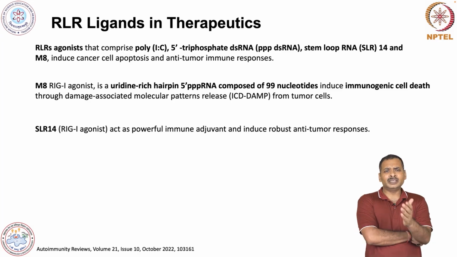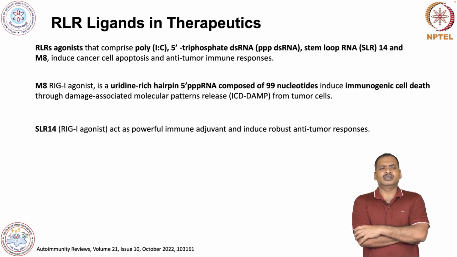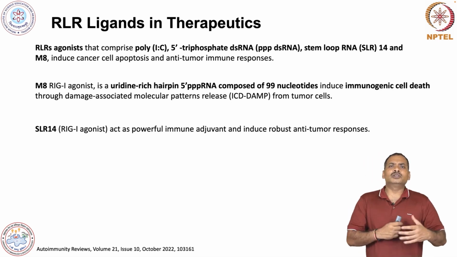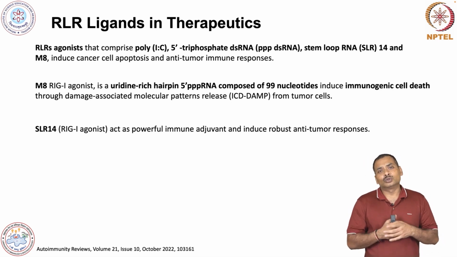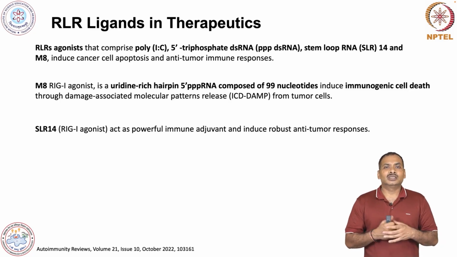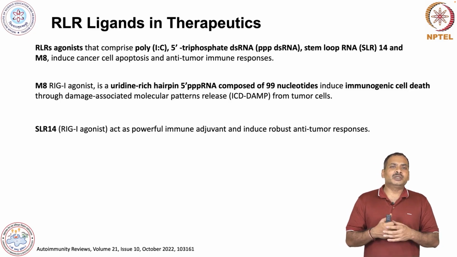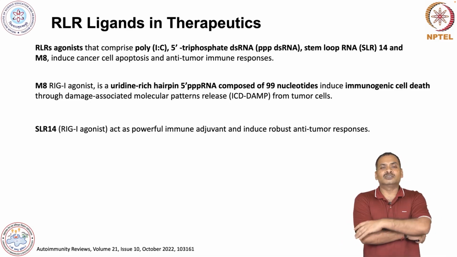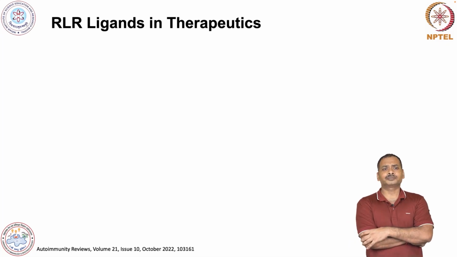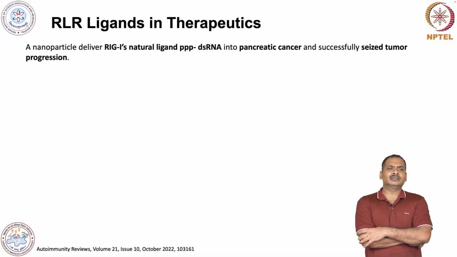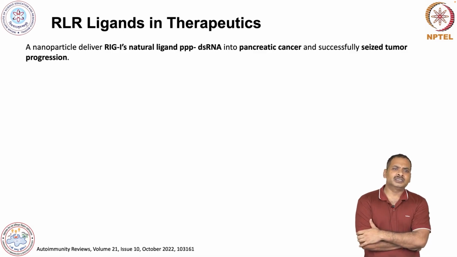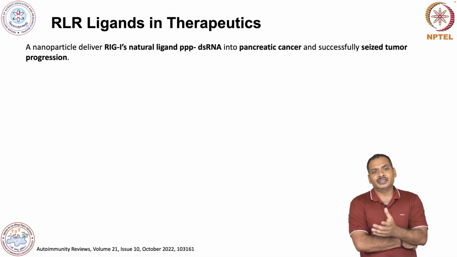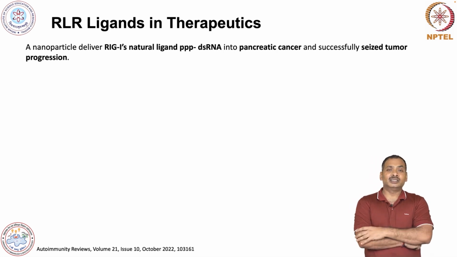Okay, there is another ligand which is again a RIG-I agonist. This is SLR14, and this is a powerful immunoadjuvant, and it induces a robust anti-tumor activity. Okay, so when this anti-tumor activity is enhanced a lot, then obviously this will clear the transformed cells. Okay, another is that people made nanoparticles, and these nanoparticles are loaded with RIG-I ligand, that is triphosphate double stranded RNA.